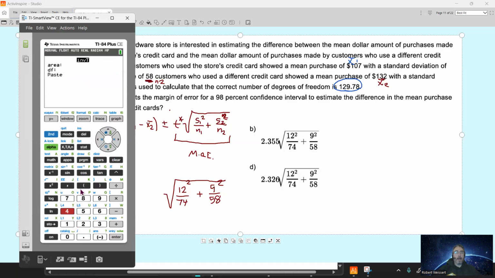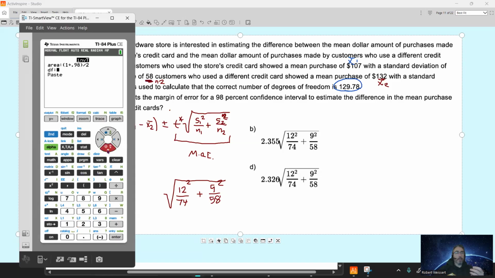And then your area has to be the average of your confidence level and 1. So you have to do 1 plus 0.98 divided by 2, or you can just think, what's halfway between 98% and 100%, and put 0.99. But you always have to do the tail ends. So 1 plus 0.98 divided by 2 will get you the correct area.